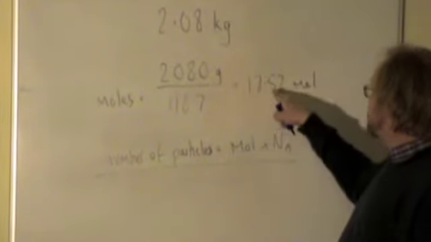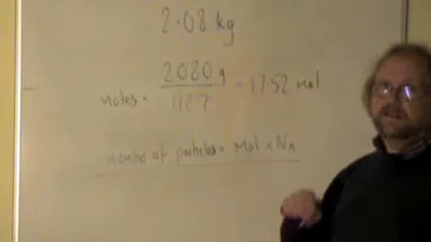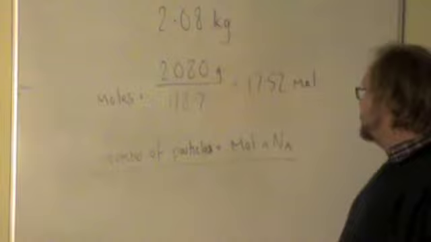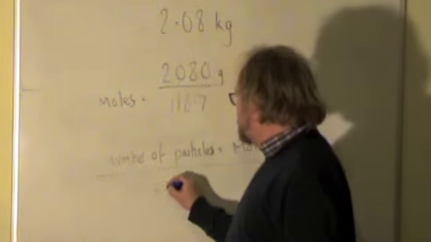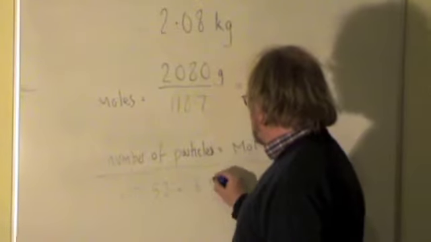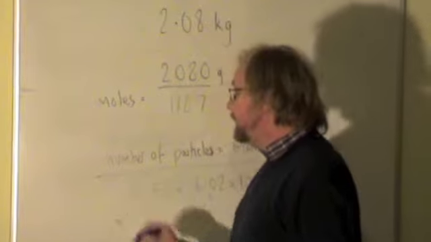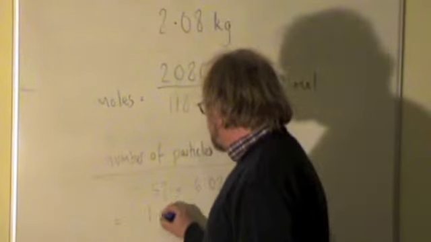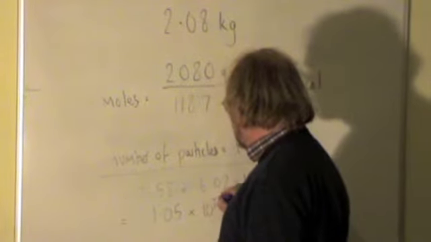So we've got to multiply 17.52, and Avogadro's number, remember, is on your data sheet. If you look on the back of the periodic table, it gives you the value of that. So that's equal to 17.52 times 6.02 times 10 to the 23, and that comes out to be 1.05 times 10 to the 25.